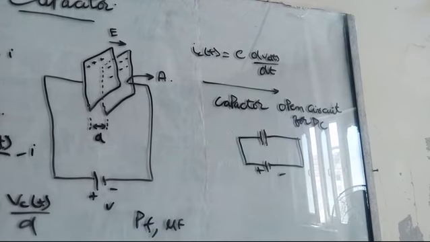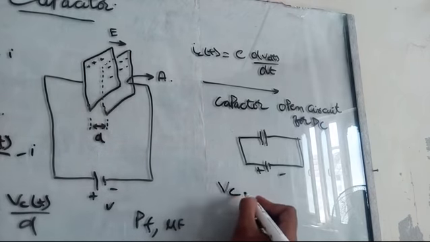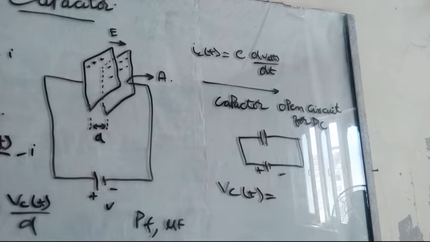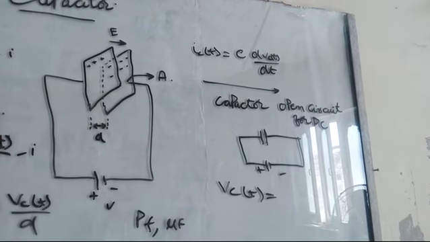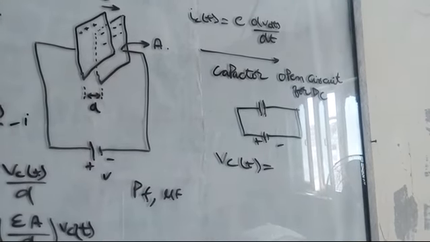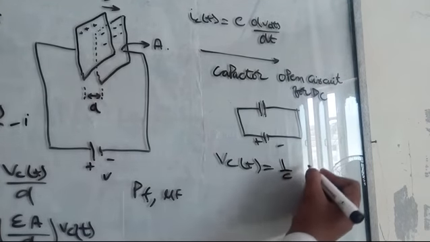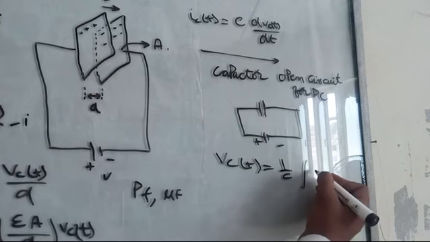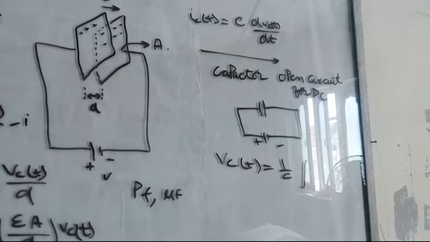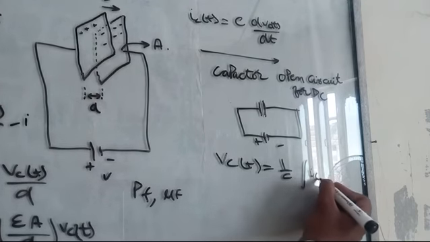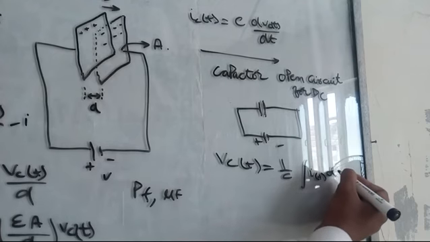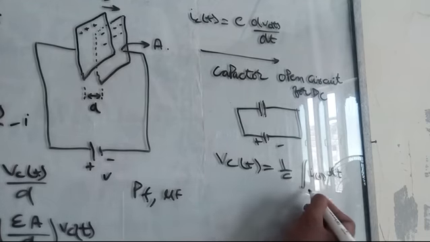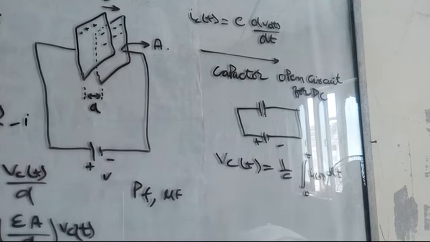And similarly, the voltage across the capacitor is equal to 1 over C integral of the current i(t) multiplied by dt, with a limit from 0 to t.